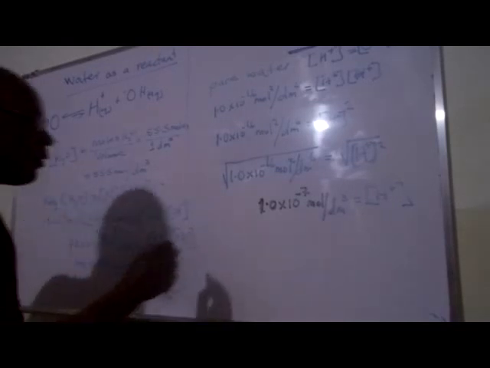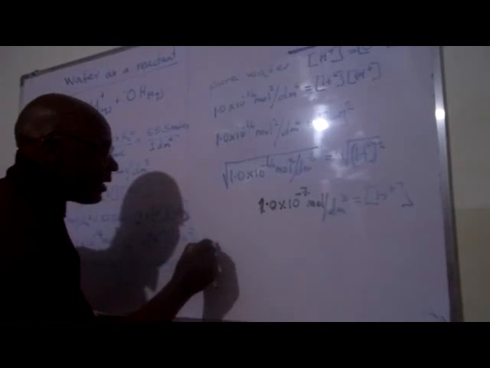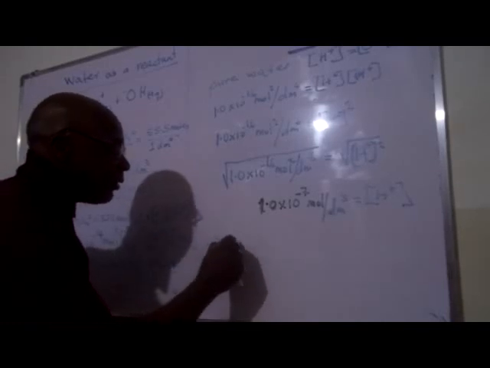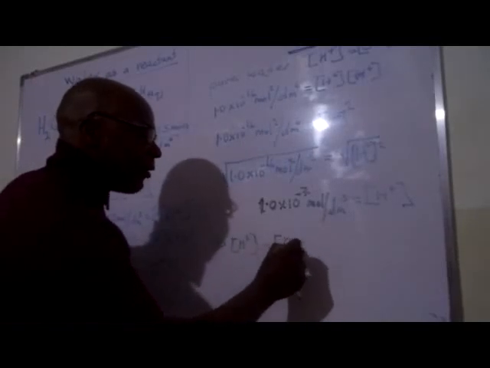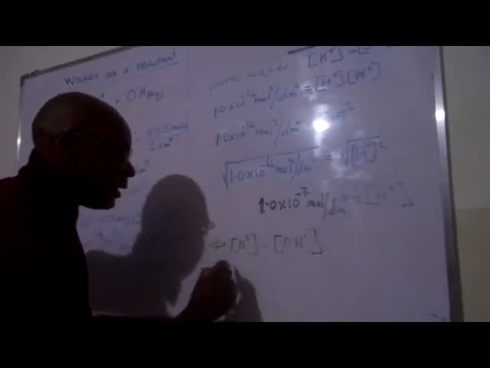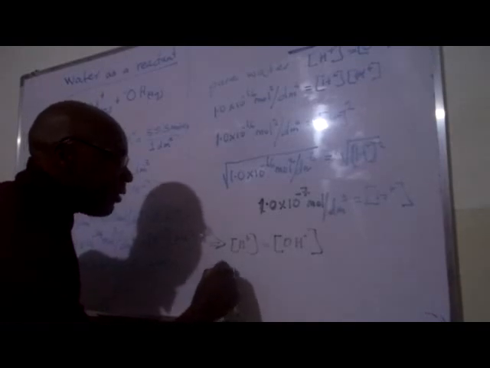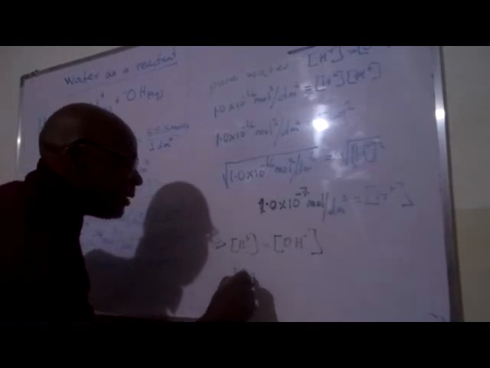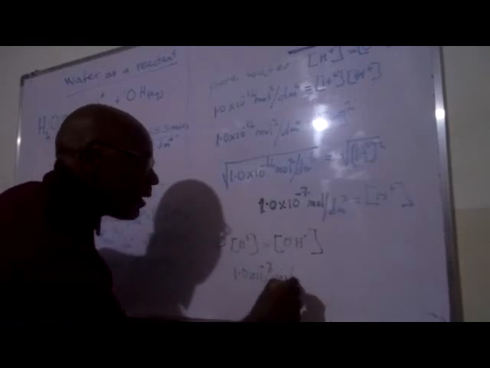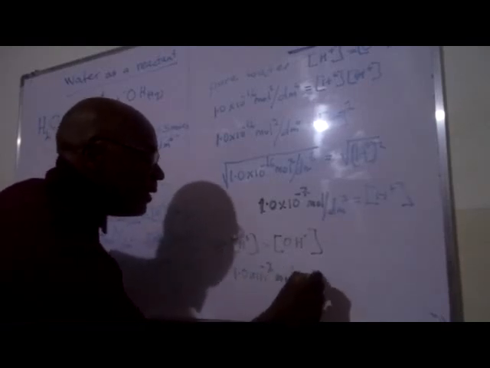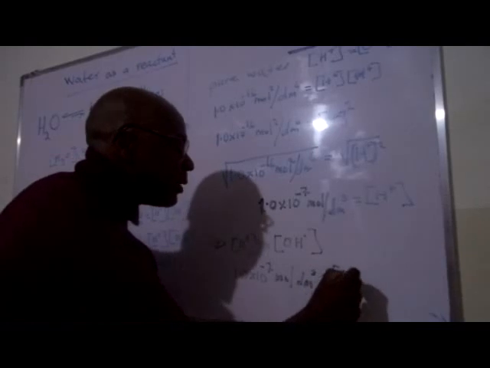Conversely, we can say that the concentration of hydrogen ions is equal to the concentration of hydroxide ions. So it follows that if the concentration of hydrogen ions is 1.0 times 10 to the power minus 7 moles per cubic decimeter, this should be equal to the concentration of hydroxide ions.